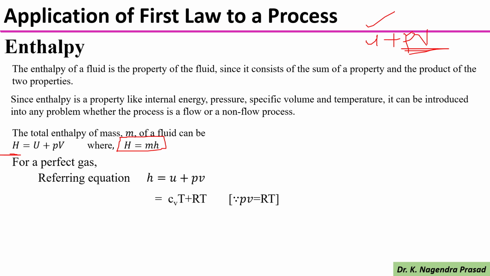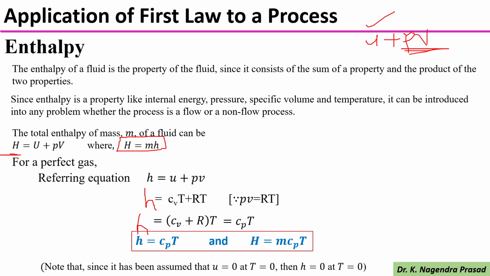Then for the perfect gas, enthalpy small h equals Cv into T plus R into T. We can rewrite this as enthalpy h equals (Cv plus R) into T. We know the relationship between Cp and Cv: Cp minus Cv equals capital R. Then Cv plus R is Cp. Then enthalpy h equals CpT. Then total enthalpy will become capital H equals m Cp T.